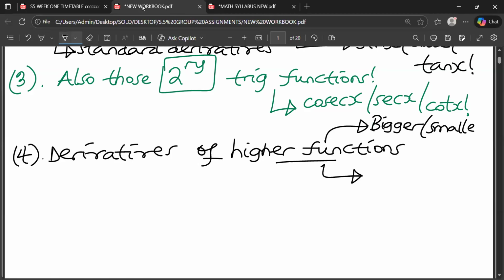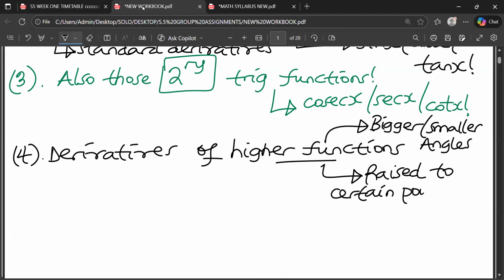By higher functions, we mean bigger or smaller angles. Then, by higher functions, we mean those functions that have been raised to certain powers. You people, as you write these notes, don't just write what I write, but combine what I say with what I write so that you come up with something big and serious.